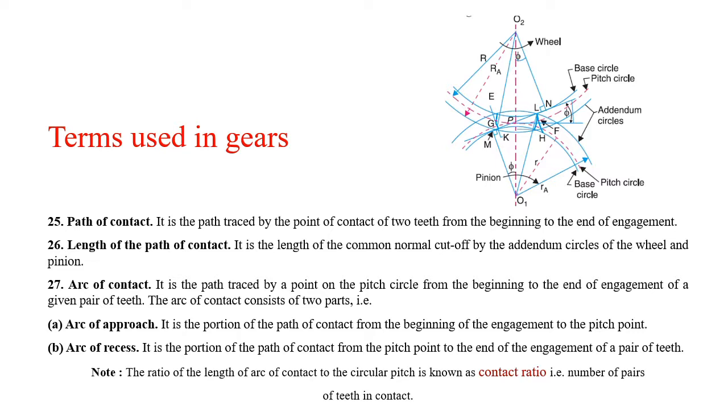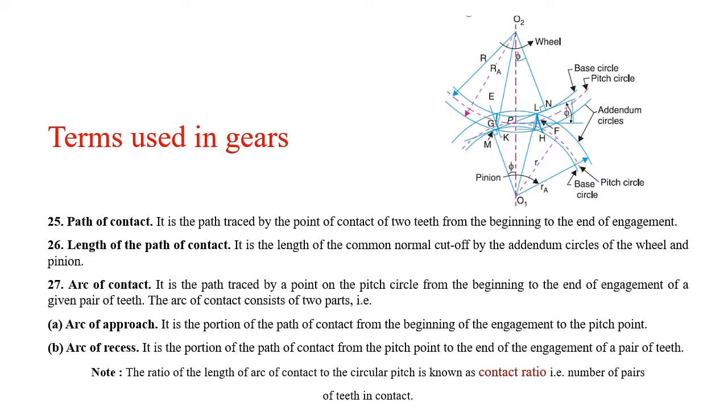Now consider the two gears O1 and O2, pinion and wheel, in mesh. Then the two gear teeth will start the engagement and end the engagement while rotating. Therefore this distance or path traced by the point of contact from the start of engagement to the end of engagement is called the path of contact.